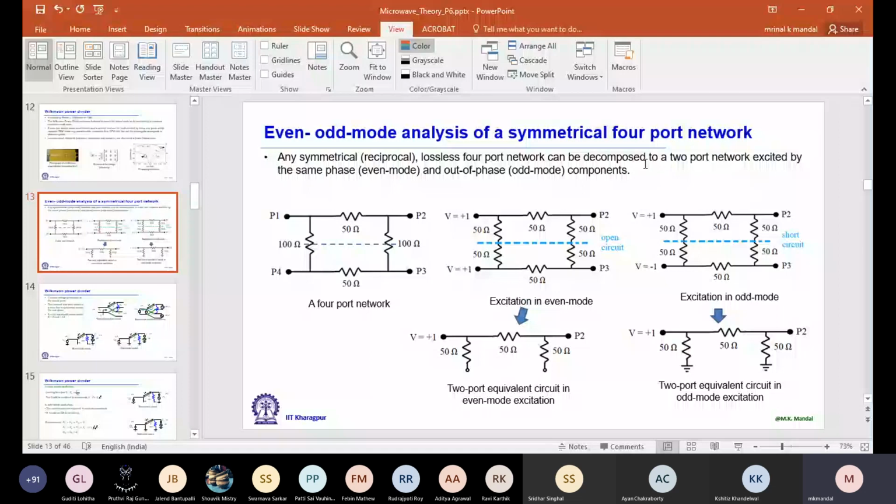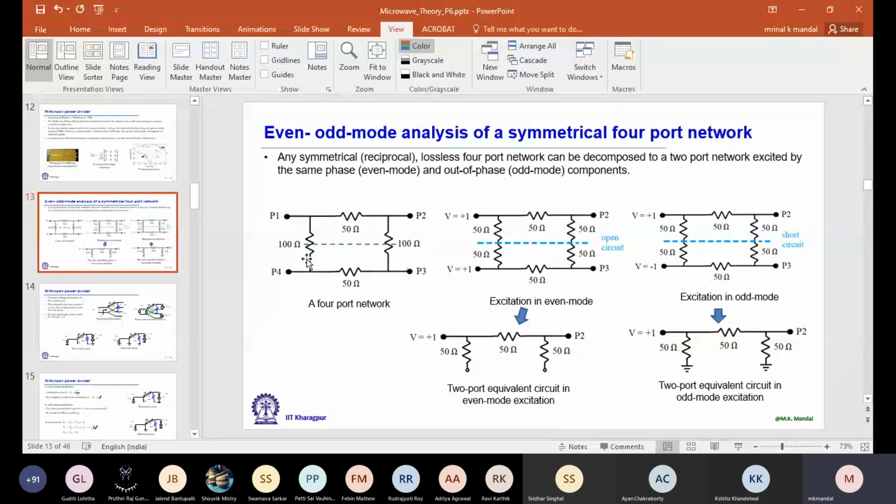We first consider, let us use this plane as the plane of symmetry, which bisects this 100 ohm branch. Now, port 1 and port 4 together, we are using as the input ports. So in the even mode, we connect 2 RF signal sources here, at port P1 and at port P4, with the same amplitude and the same phase.